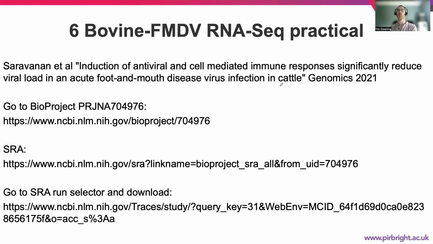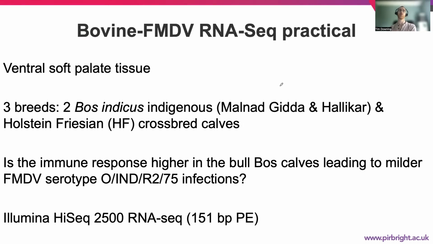What we're dealing with there is 15 samples in total, all taken from the ventral soft palate tissue of the cow, where foot and mouth disease virus levels can be measured. 3 breeds are examined with 5 samples from each, hence 15. 2 of these are Bos indicus, the Malagida and Alicar breeds. The other breed, those 5 cows, are Holstein Friesian and they're Bos taurus.